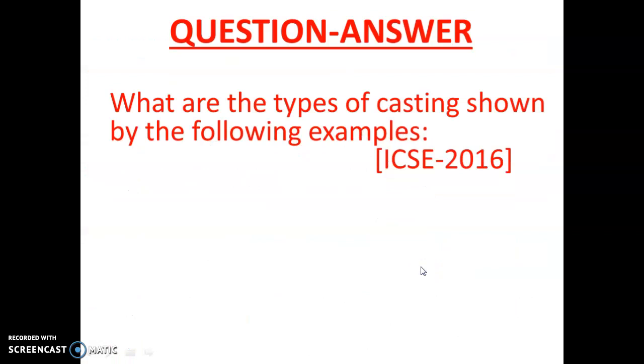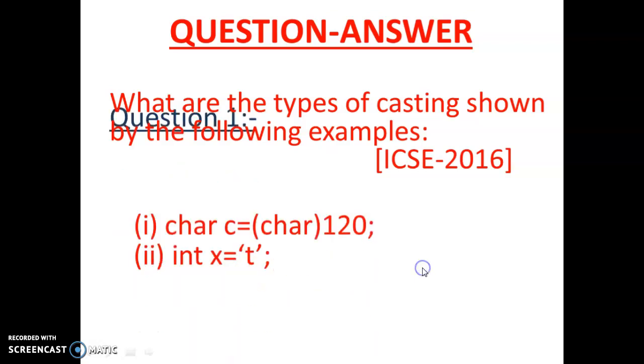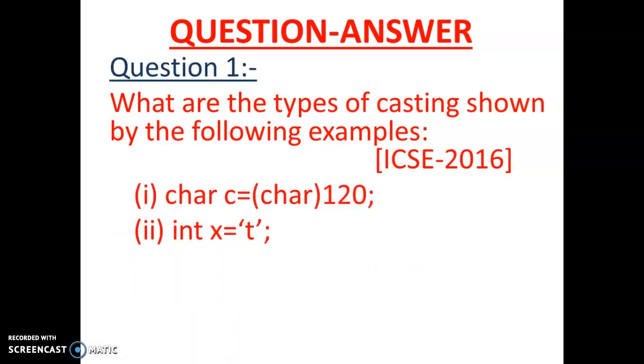Now let's discuss some questions and answers. The first one is: what are the types of casting shown by the following example? It came in ICSE 2016. char c = (char) 120, and then T is converted to X. That means here 120 is a number, and by writing this it is changed to a character and stored in c.